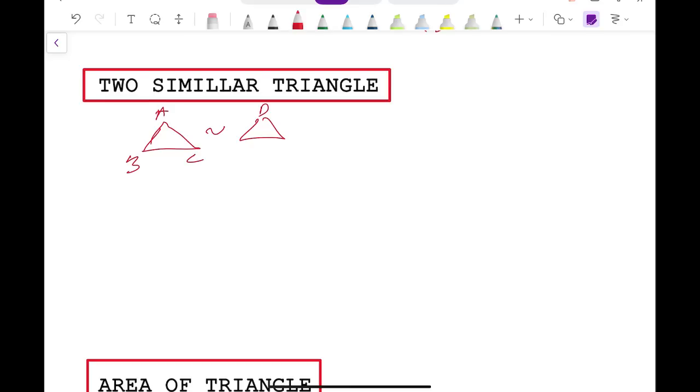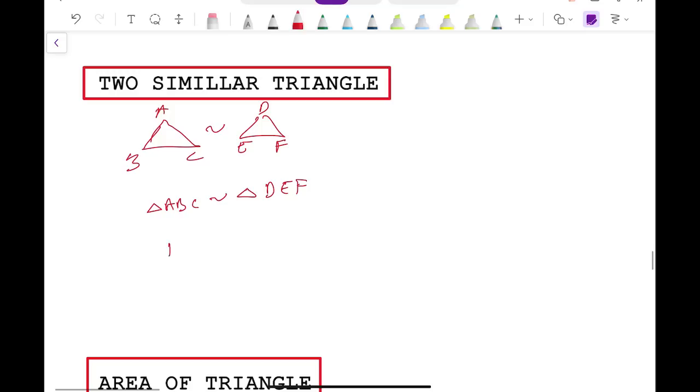If triangle ABC is similar to triangle DEF, then in that case we say that the area of triangle ABC divided by the area of triangle DEF is nothing but their side ratios.